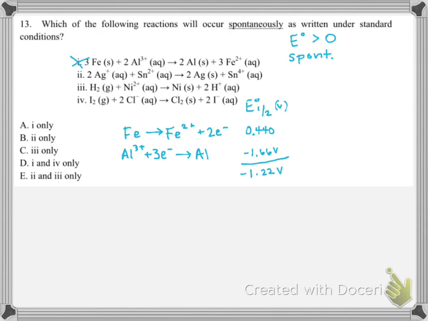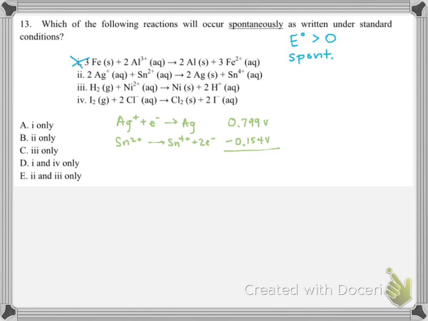And so we would just go through and do this for each reaction. I've written the half reactions again for that second reaction between silver and tin, where we have silver being reduced and tin being oxidized, and I used the table to get the values.